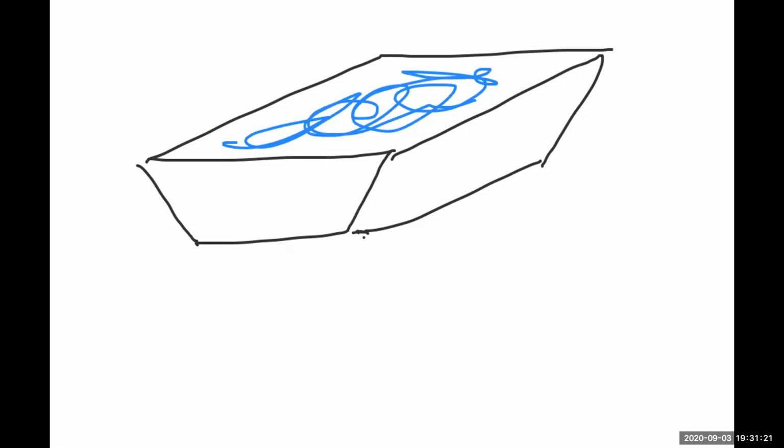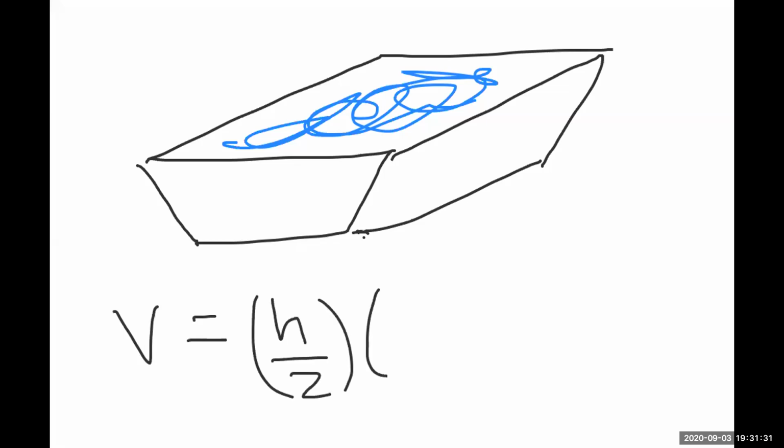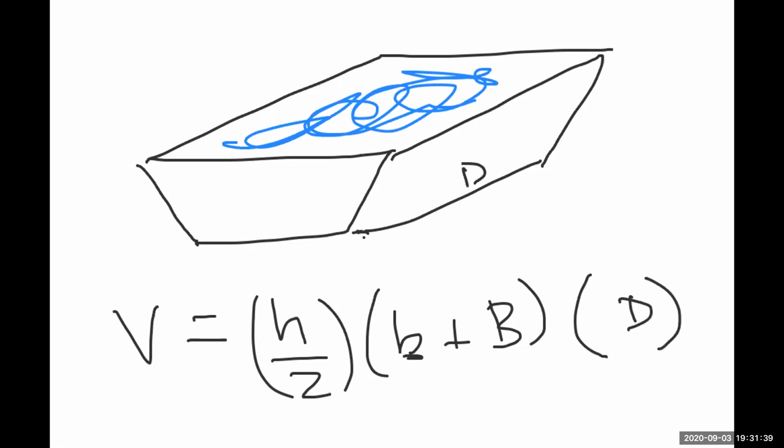So we can say the volume is the area, so the area is H over 2 times B plus b, times the depth, the length of the whole ditch.